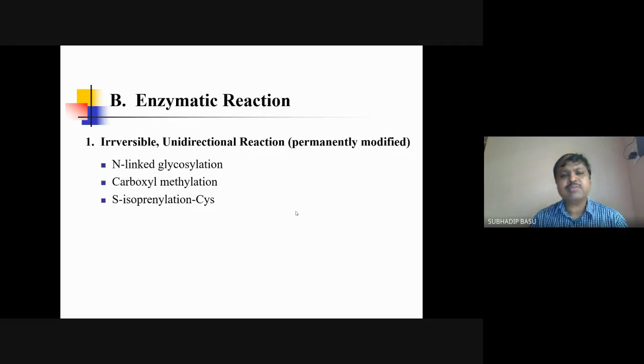For example, an irreversible unidirectional reaction. That means there is no effect on the enzyme that is enforcing that, and it is irreversible. Like N-linked glycosylation, carboxyl methylation. So these are irreversible, unidirectional, permanent enzymatic reactions. Some other enzyme goes and changes another protein to add certain other molecules to it, to attach or to detach.